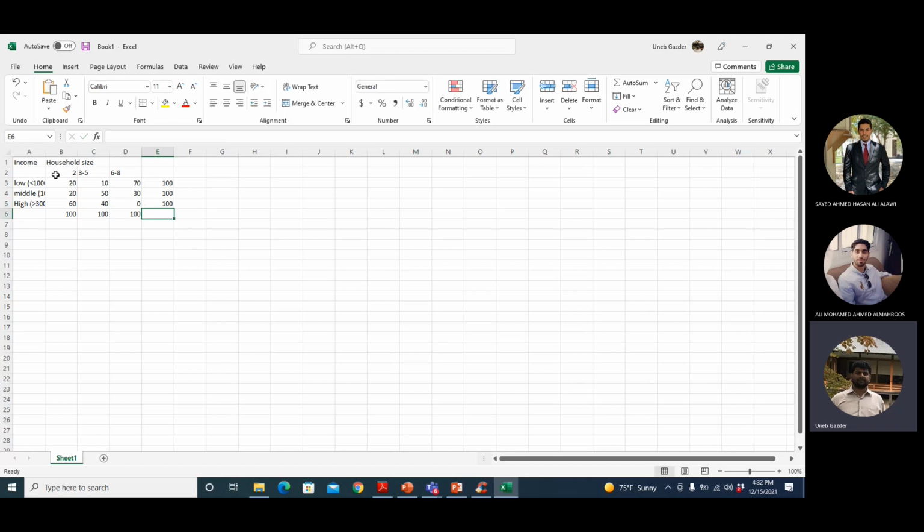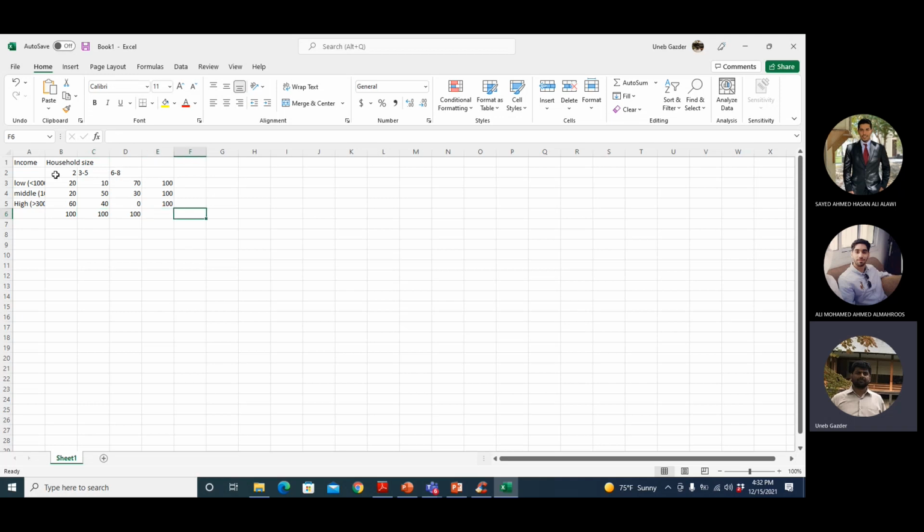This is coming from census, maybe the government collected this data. And the government is telling you that the total number of low income households in the area is 100. Similarly, they are telling you the total number of households with 3 to 5 members is also 100.